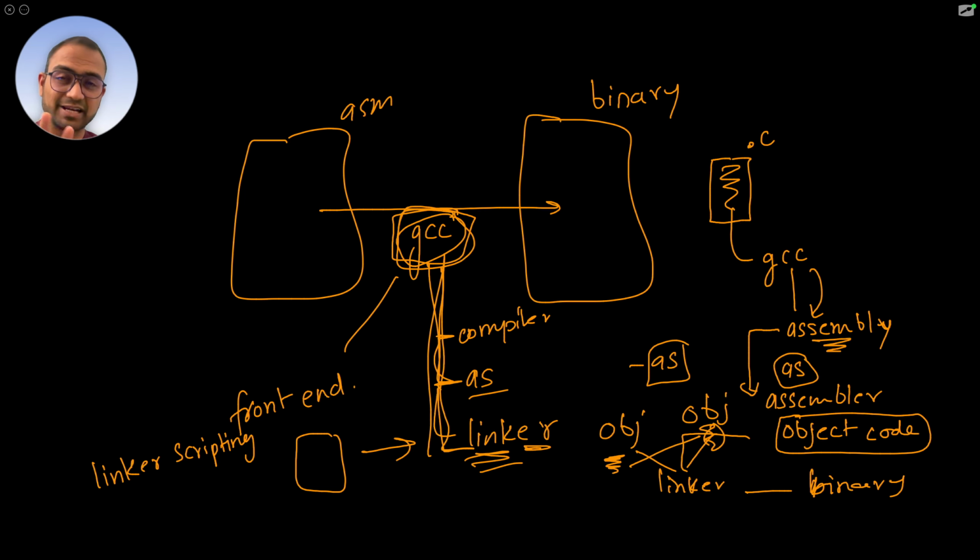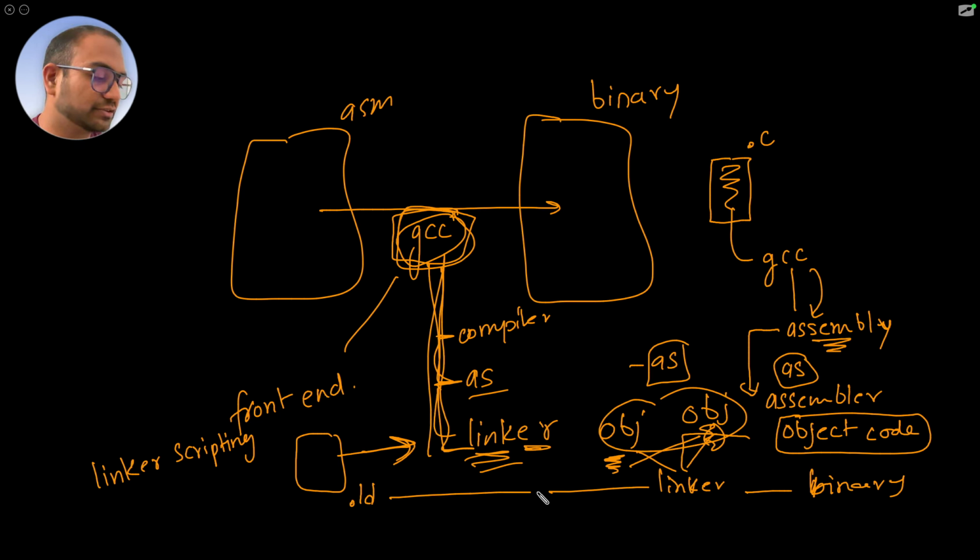And if you're not understanding this language yet, fine, we're going to get into it. Not a problem at all. But just know that it is going to take a file that ends in the .ld extension, and essentially using the object files and the linker script, it generates the binary. That is the whole point, right?